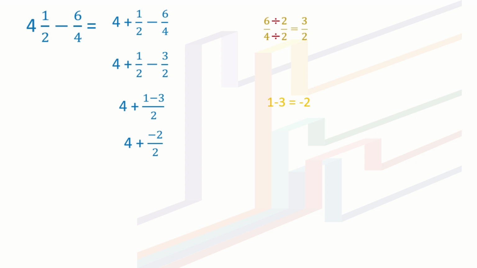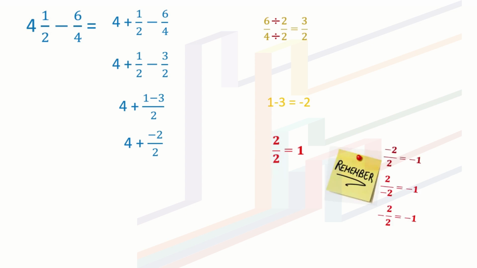Then, look at this. We have to remember that this is the result, negative 2, and it is over 2 because it is over the denominator. But now we have to keep in mind that one number over itself is 1, whatever the number. So what about this one? Because this is negative, negative over positive is negative. Now we can say the opposite of positive is negative.